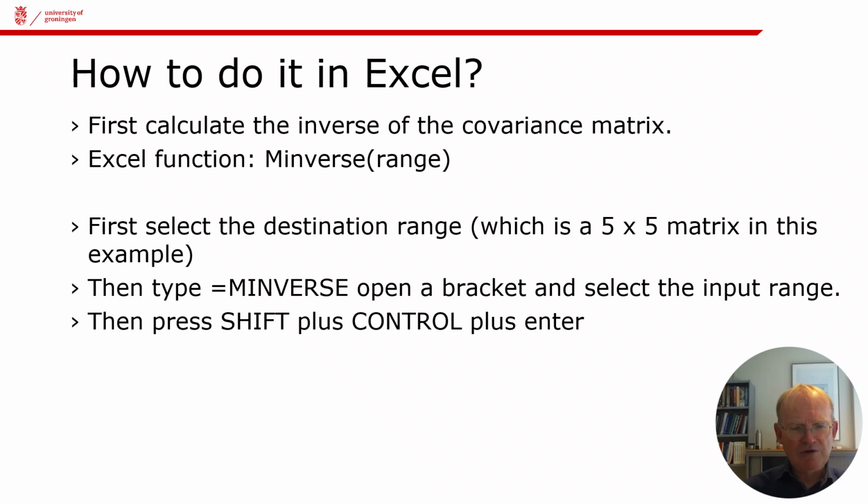One particular thing about the inversion of a matrix is that it can only be done on square matrices: 3 by 3, 4 by 4, 5 by 5. And the destination is also 5 by 5.